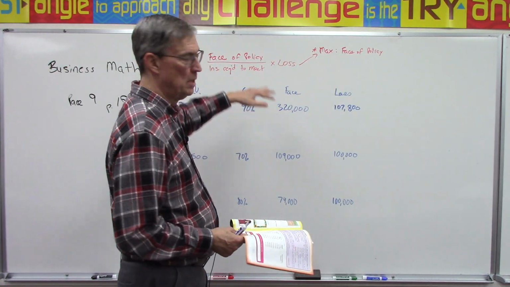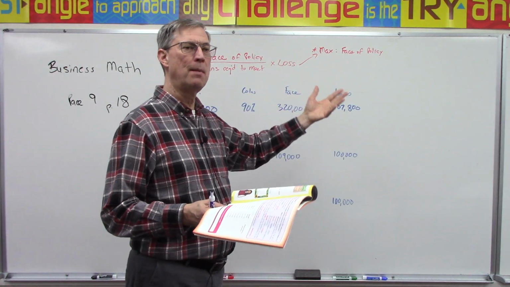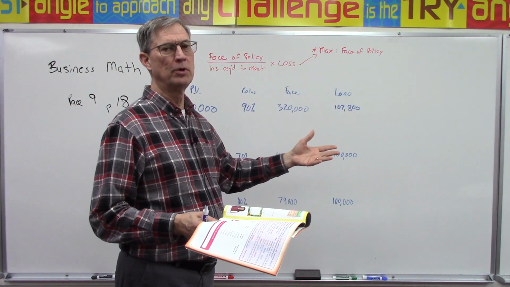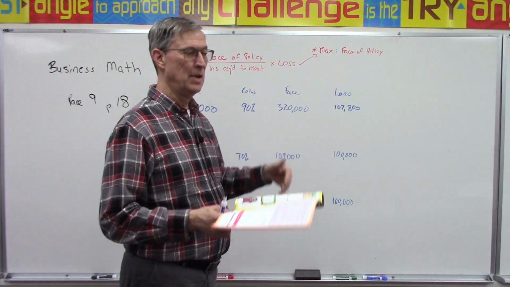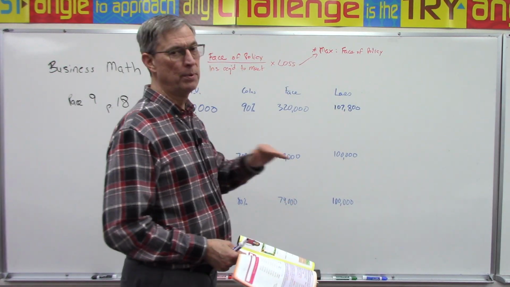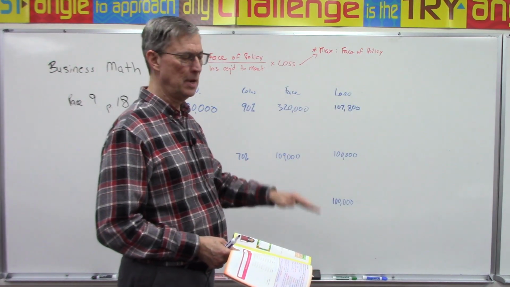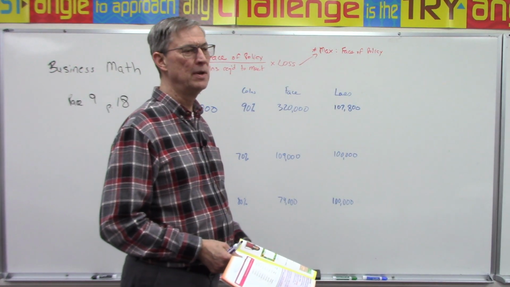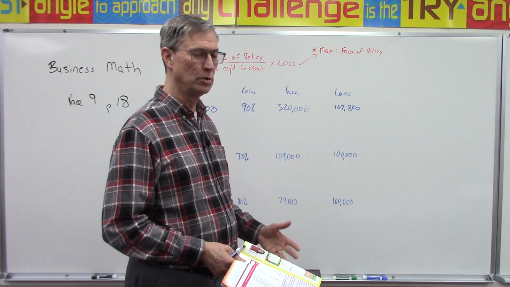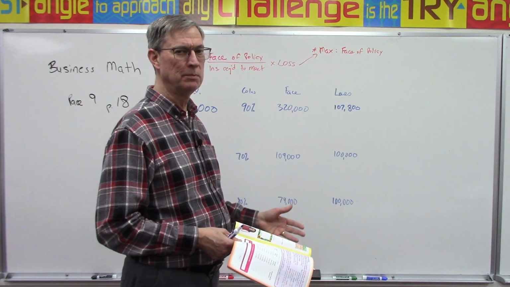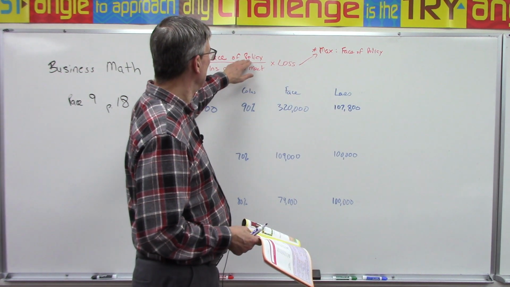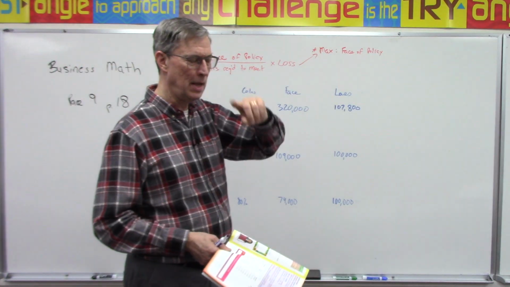Sometimes the value of your property increases, or you go to rebuild after a fire and everything costs more to purchase than you expected. They're not going to pay out. Everything is calculated in favor of the insurance company to make sure they don't lose too much money. So they're going to help you, but they're going to protect themselves at the same time. So the max they'll pay out is the face value. We'll come back to that.